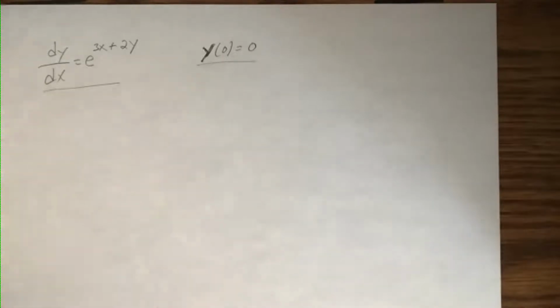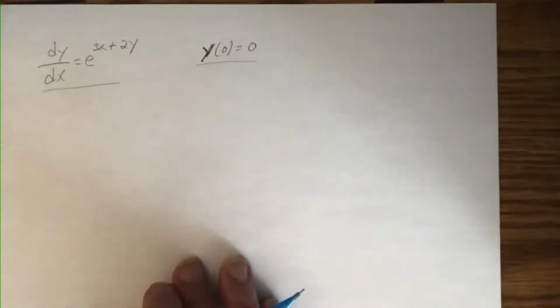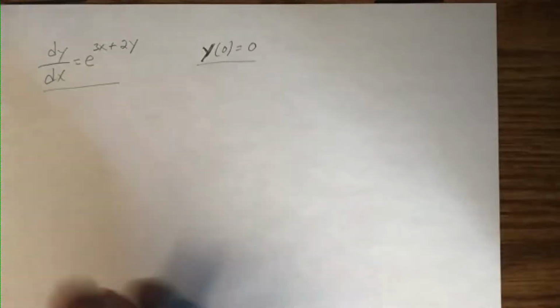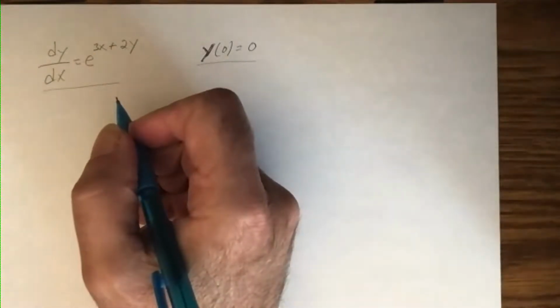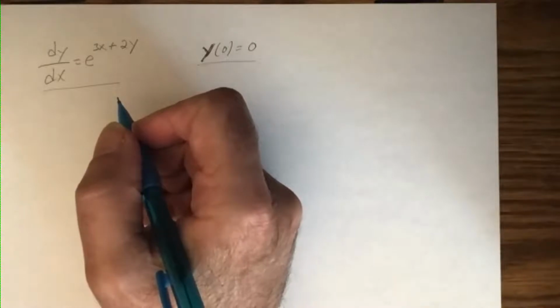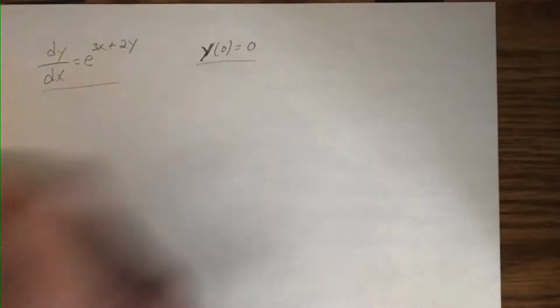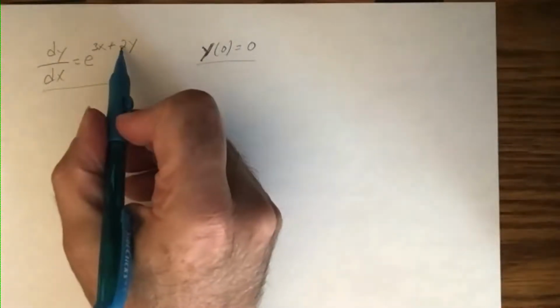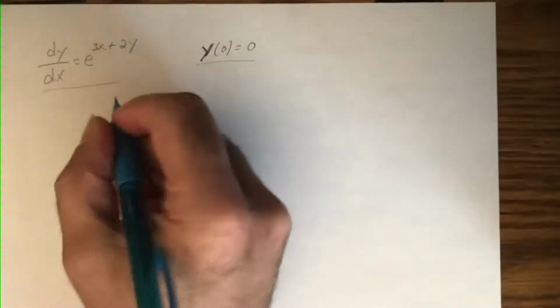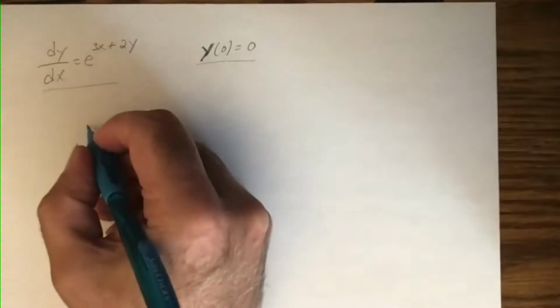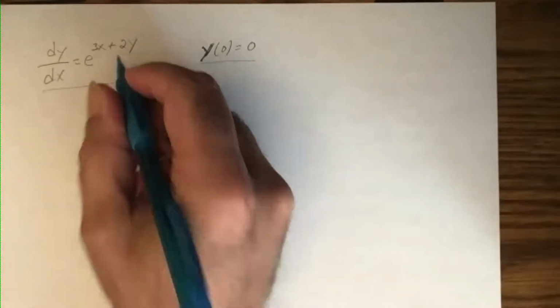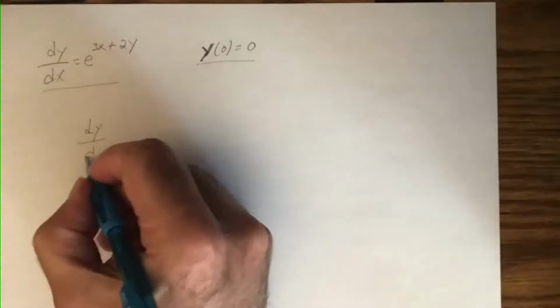All right, let me go ahead and do this one. Hopefully you found this one to be pretty easy if you understand how to work with exponentials. I can bring this dy over to here. Let me not skip a step.